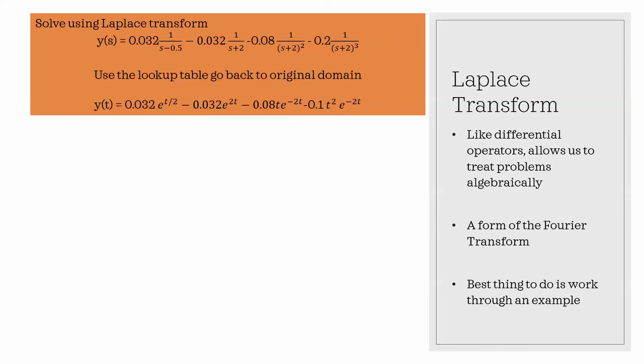We have no s squared or whatever in there, at least in the denominator. And then our second term becomes minus 0.032 times 1 over s plus 2, and then minus 0.081 over s plus 2 squared, etc. So now these are in forms that are, in fact, on our lookup table, so we can use that to go back to our original time domain. So we do that, and now we have our final equation.